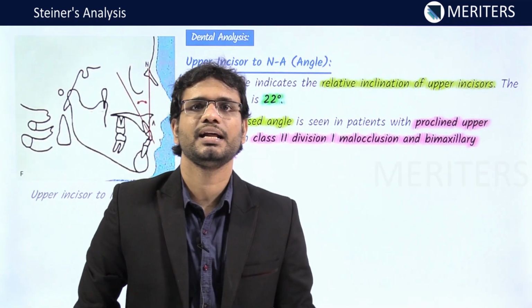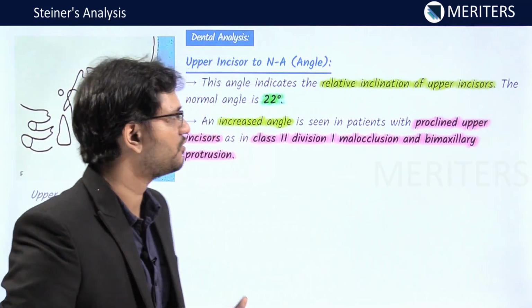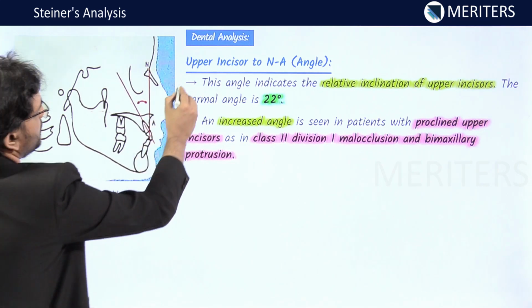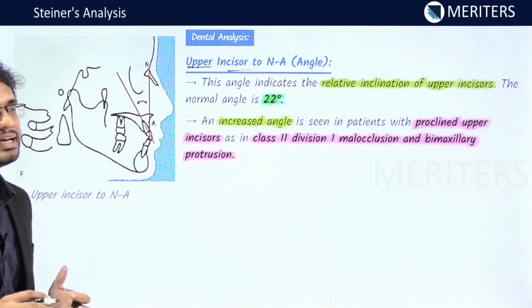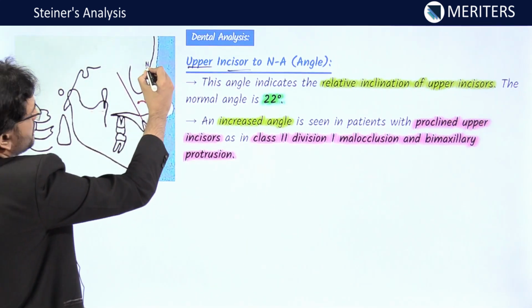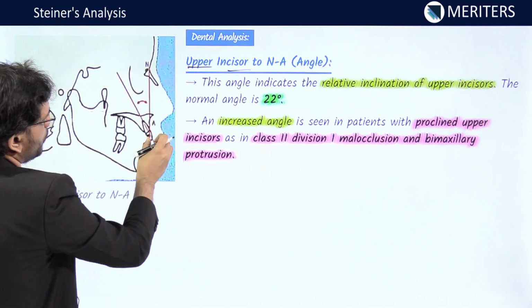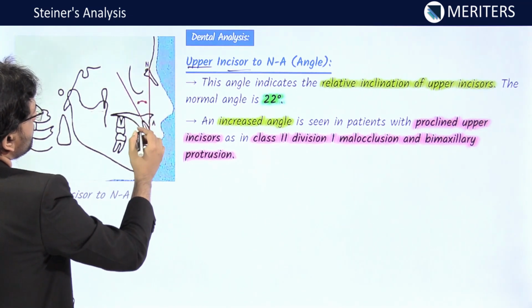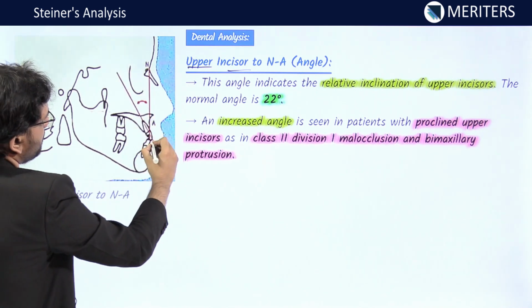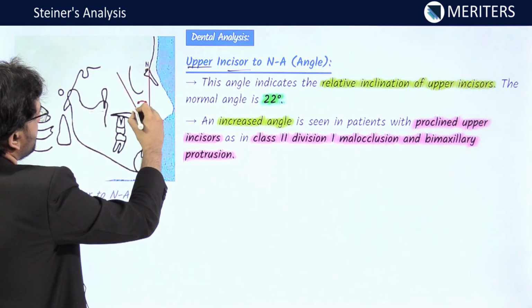Now we have the dental analysis. The first parameter in the dental analysis is the upper incisor to NA angle. What is this? This is N and A, so a line joining N to A, right? And another is the axis of the maxillary central incisor.